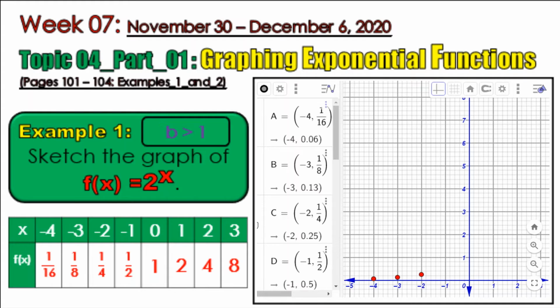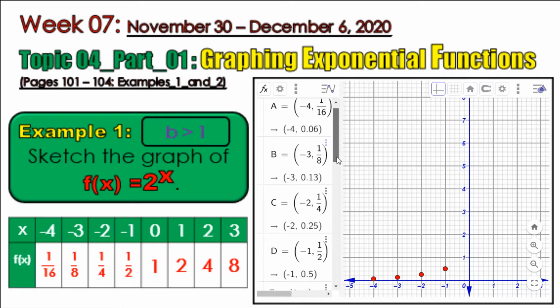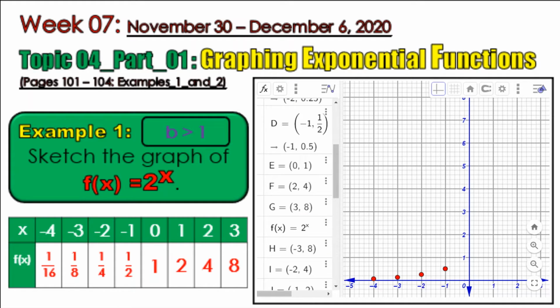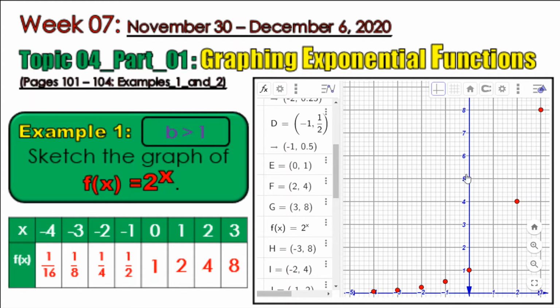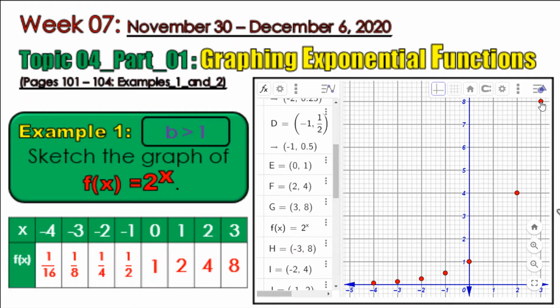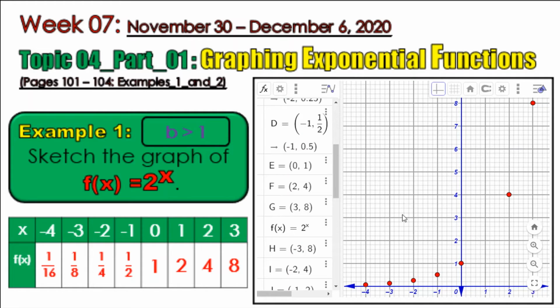Next we have -2, 1/4. Next we have -1, 1/2. Next we have 0, 1. Next we have 2, 4. And the last point is 3, 8. Therefore, we will be connecting these points, and this would be our graph.